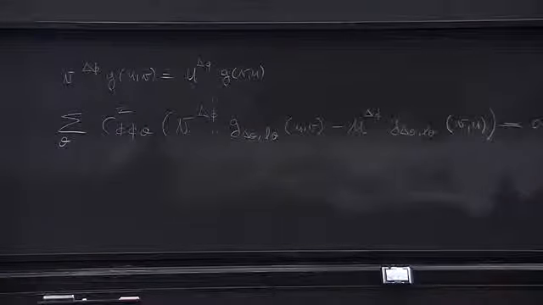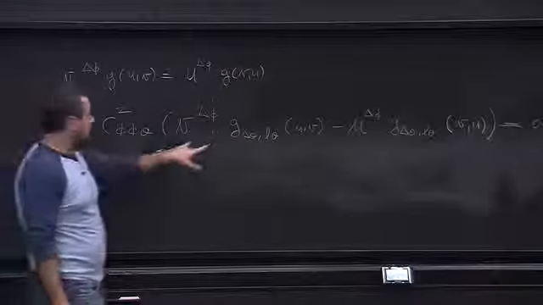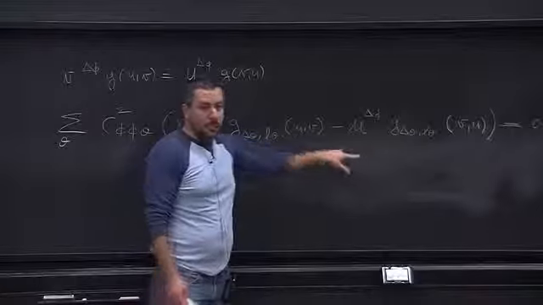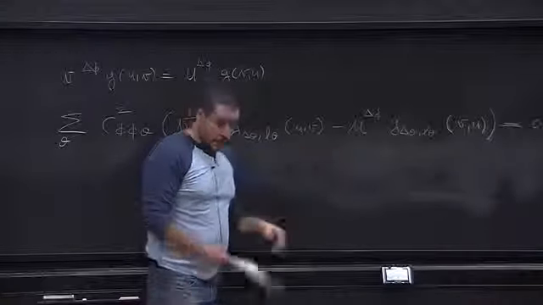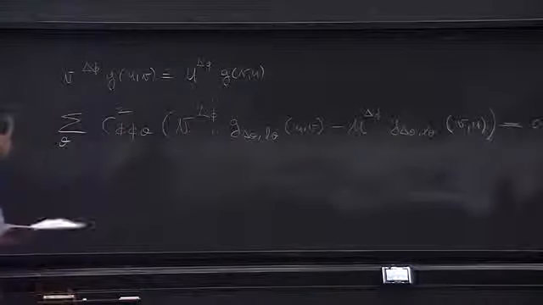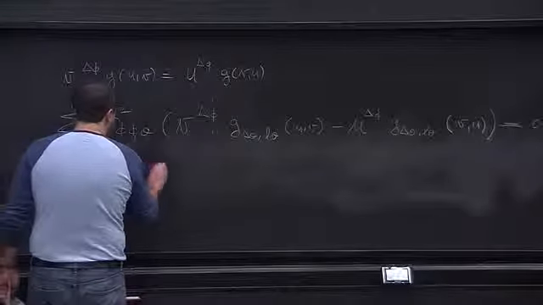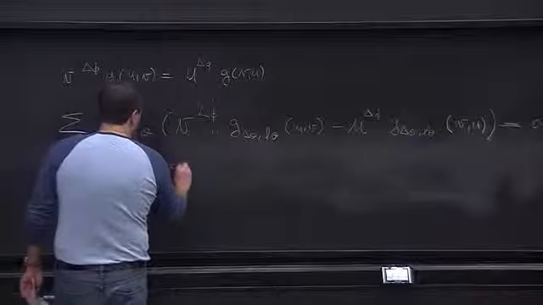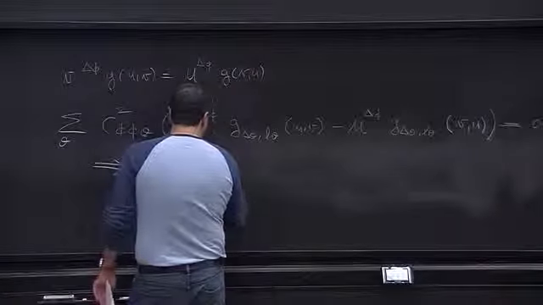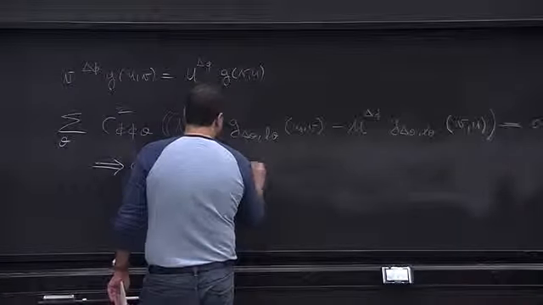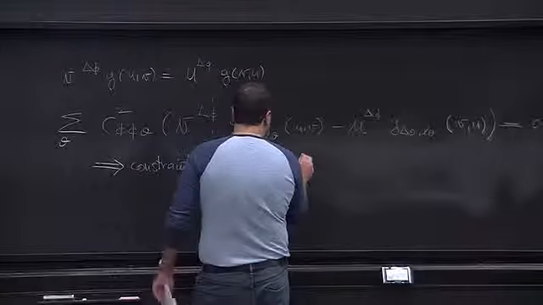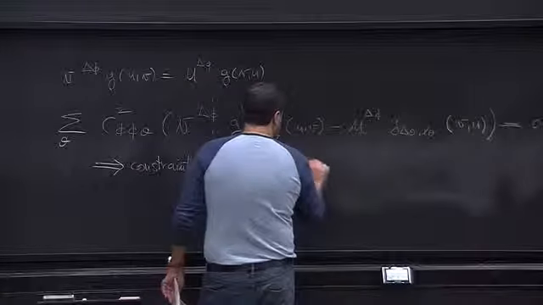This is an absolutely non-trivial equation. I mean, there are squares here, and the dimensions are built all over the place. Okay. So what this does is put constraints on admissible CFT data.